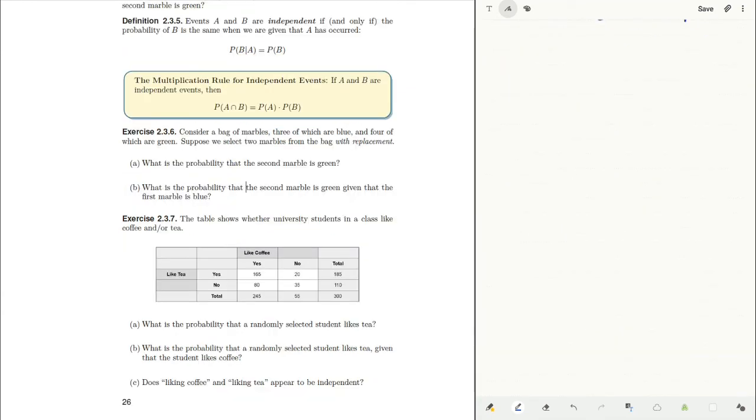So now let's look at an example using contingency tables. This table shows whether university students like coffee and or tea. What is the probability that a randomly selected student likes tea?